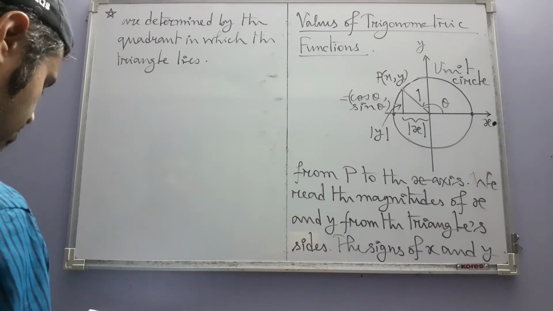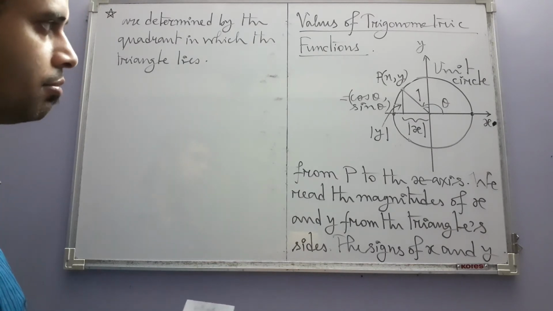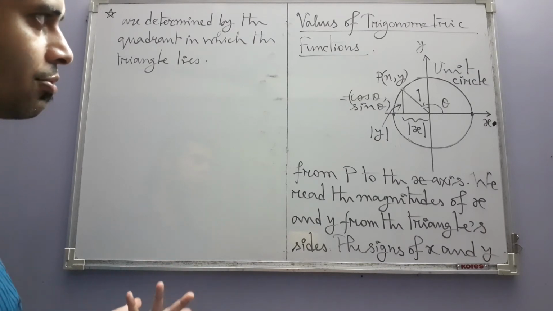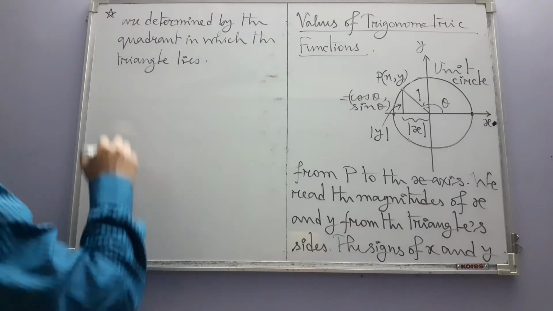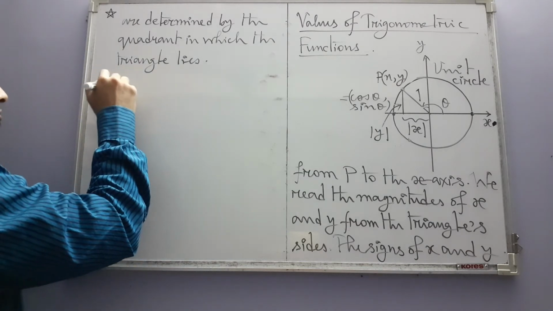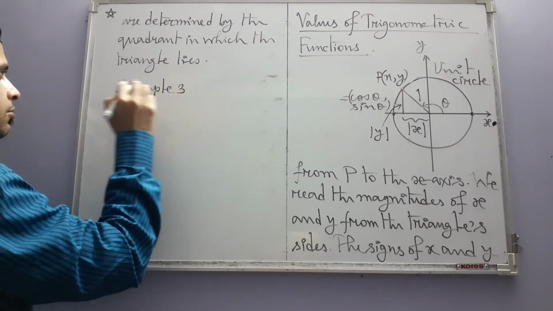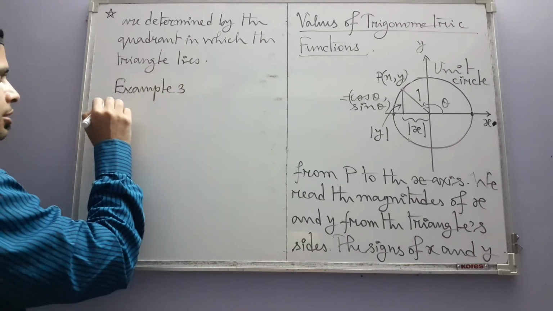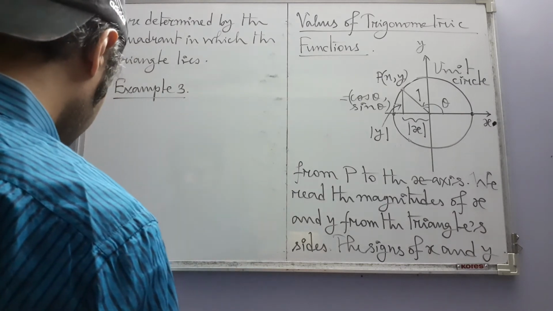So now we are going to look at two examples where we will actually see how to calculate these values in two specific cases. So this is example 3. Example 2 we have already seen in the previous trigonometric video.